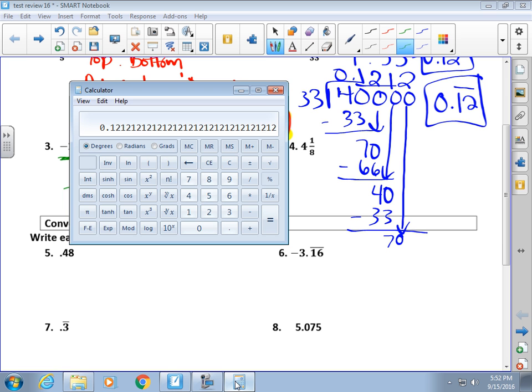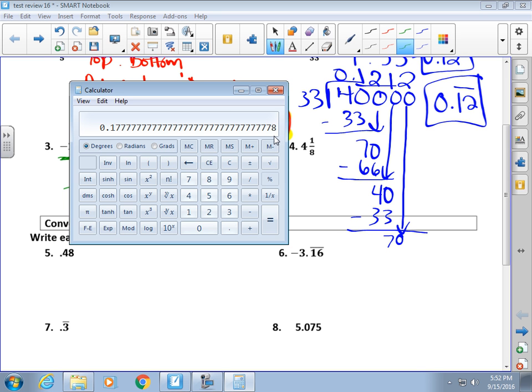So we'll bring up my calculator. 8 divided by 45. I get 0.17777. Uh-oh. And then at the end it's an 8. Well, this would have been a 7. If I had more room, it would continue to be 7s, but our calculator is programmed to round this last number. So do not pay attention to that.